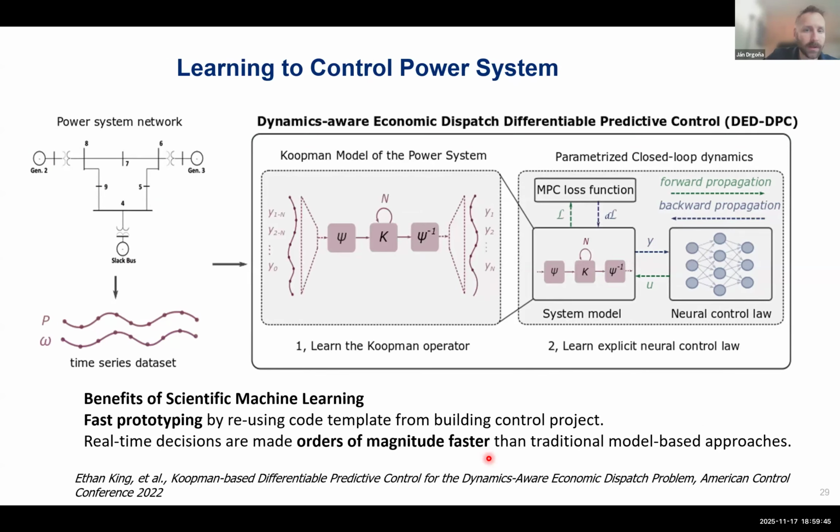Another example where we applied this methodology, basically in exactly the same structure, was in power systems, in a dynamics-aware economic dispatch problem, where we have a power system network, and we have a desired set of loads from the grid, and we want to match the load by optimizing the dispatch schedule of our generators.